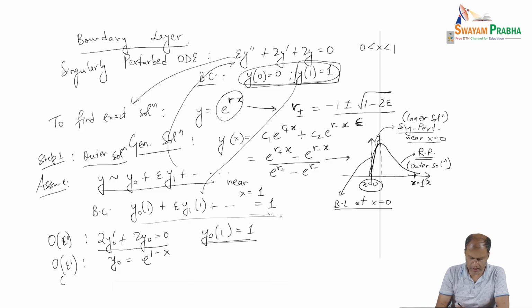Okay, so that was the order epsilon to the power 0 solution.